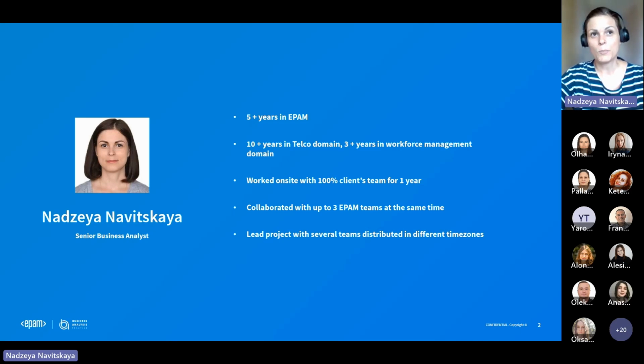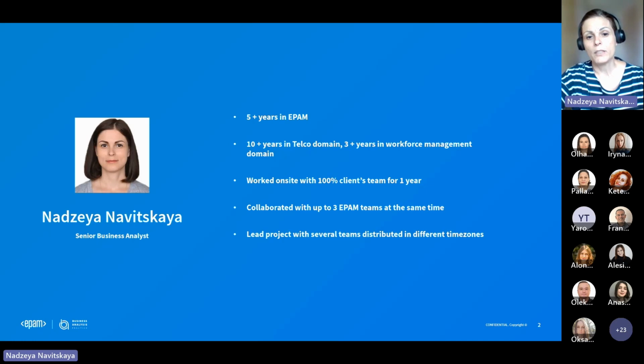It was a very interesting experience because I was the only business analyst from EPAM, and I had to set all the processes and find ways to communicate with customers, developers, and QA teams. Also, I had an experience collaborating with up to 3 EPAM teams at the same time. Sometimes it was quite challenging.